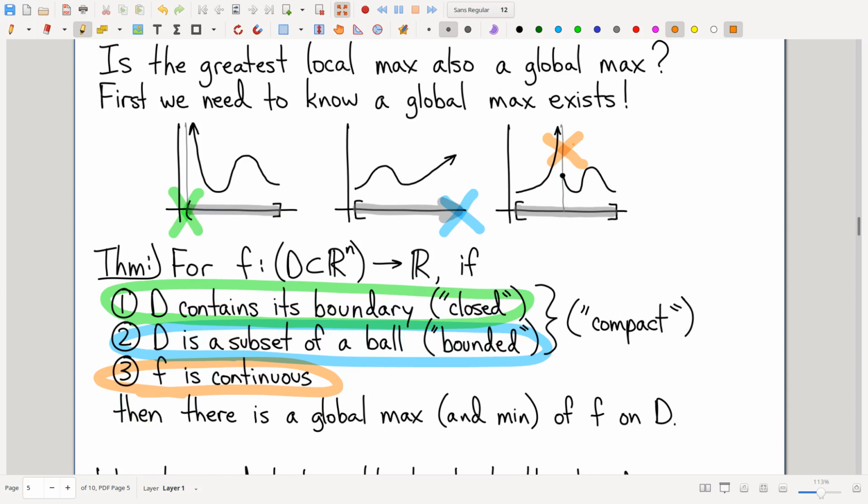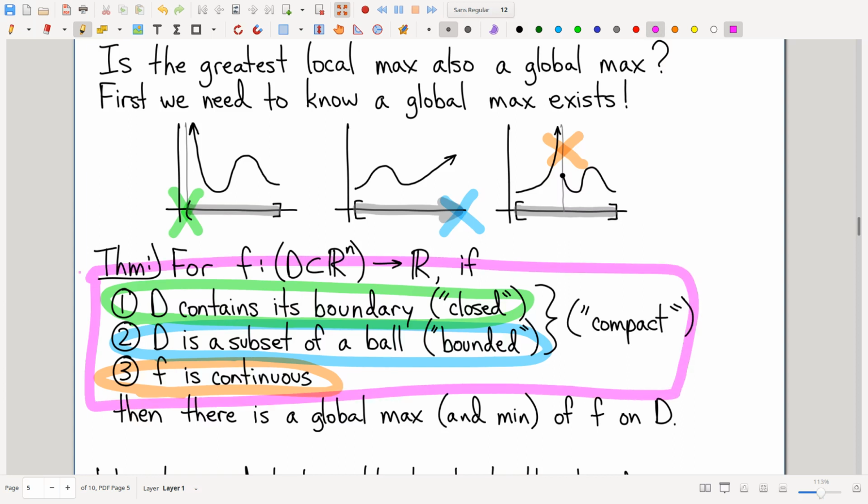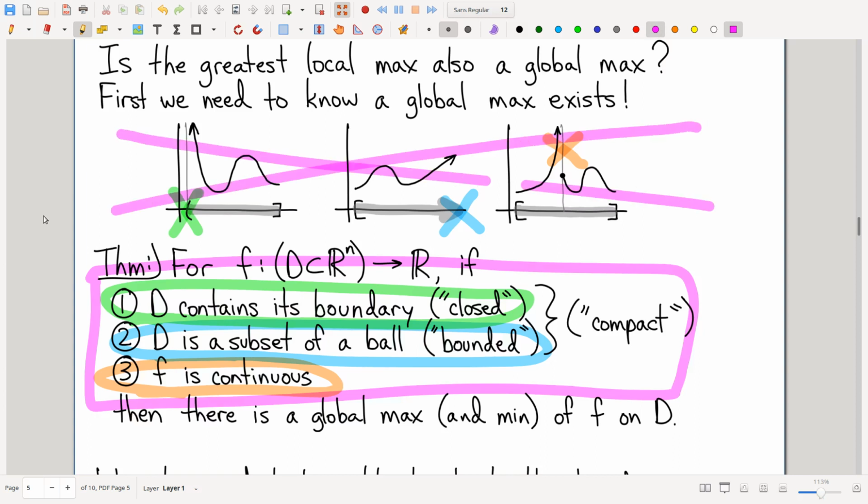So if all three of these conditions are satisfied, then none of these kinds of problems can happen. This is not a rigorous argument, and we don't have time to fill in those blanks, it's not really natural for this course. But when these three conditions are satisfied, there is a global max and a global min somewhere.